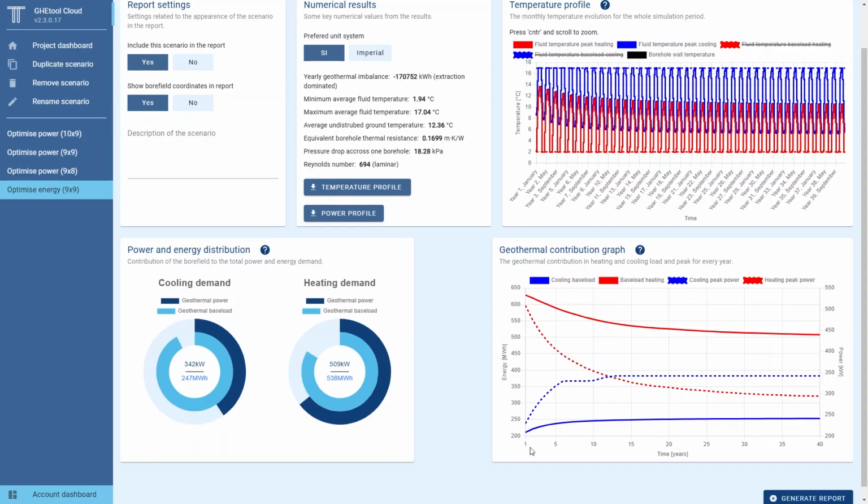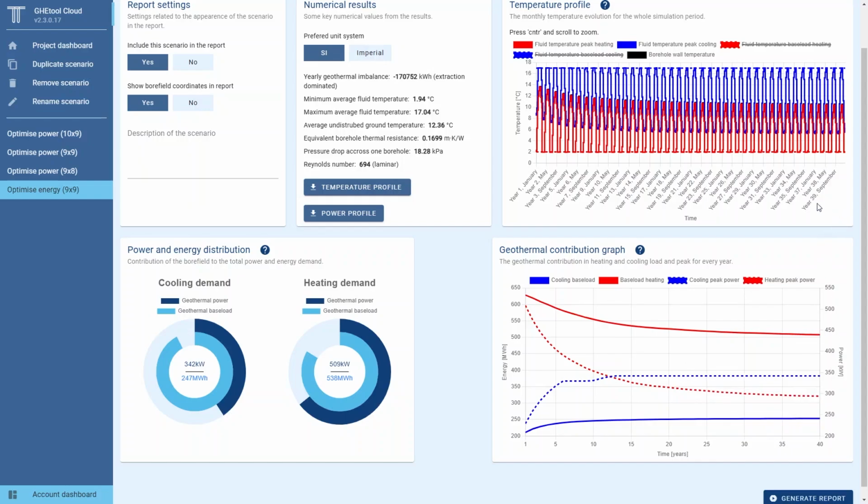And as you can see in the first year, there is a high heating power and a high heating base load, and year after year this decreases, and the peak power always decreases faster than our base load. And for the cooling, it increases year after year after year. So that's important to see that in the end it levels out.